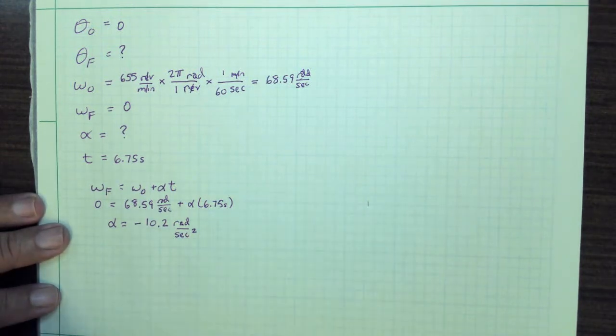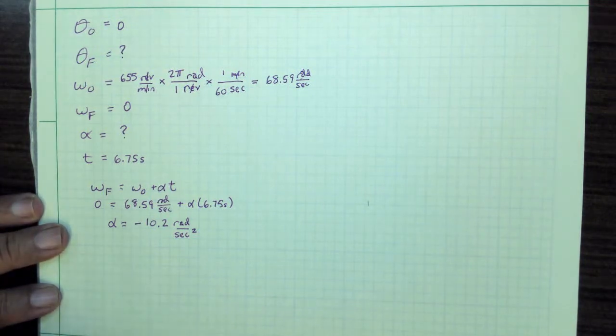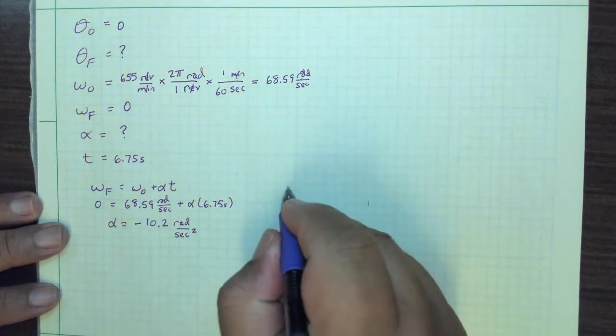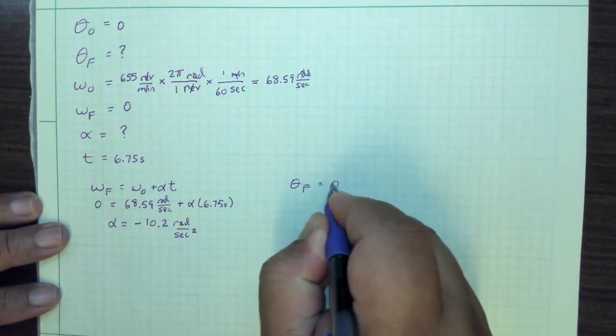Now, the final question asks us essentially to find the final position of the fan. If we can figure out how many radians the fan has rotated through, we can translate that into a number of revolutions. And so we can turn to the second kinematics equation to find that out.